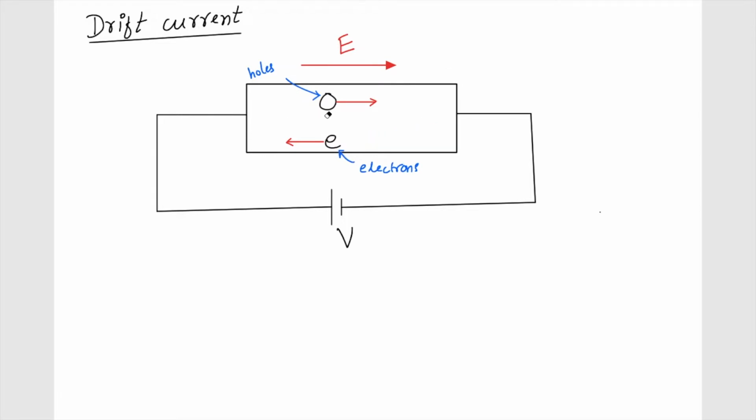The same thing is going to happen to the holes. The holes are going to drift from this end to the other end. The velocity acquired by the holes will be directly proportional to the electric field.